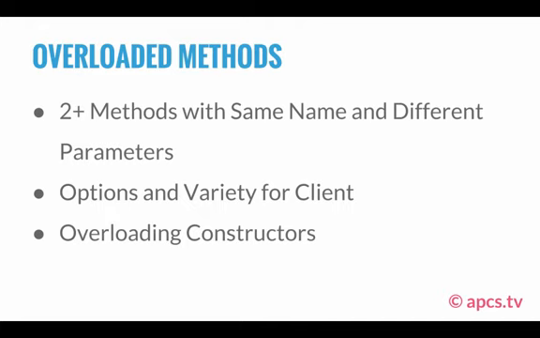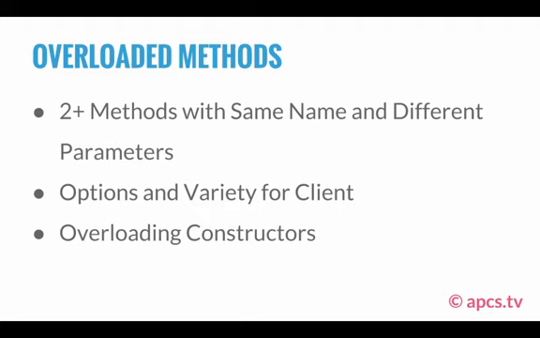Overloaded methods are basically two or more methods that have the same method name, but different parameters. This gives options and variety for the client. If you remember, when we were talking about constructors, I mentioned that we could have more than one constructor, one that didn't take a parameter and one that took a parameter, and that's actually what overloading is.